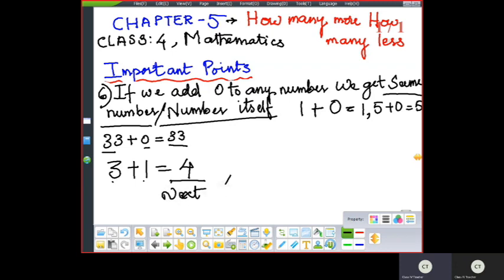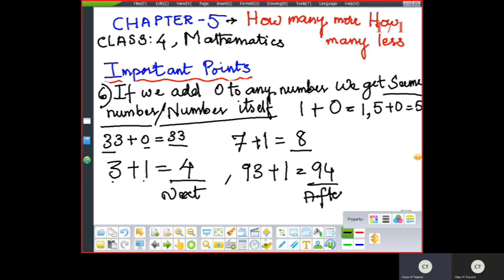So let me take one more example. 7 plus 1 is 8. So what do I get here again? After number. 93 plus 1. What do I get here? 94. This is also next number or the after number. Okay. So these are the addition things.